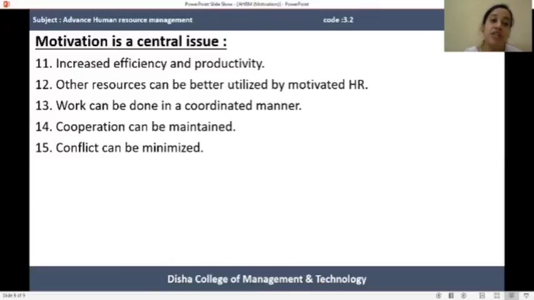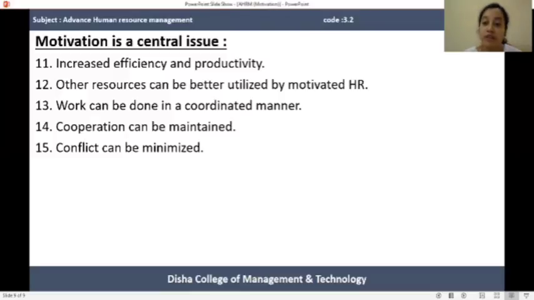Next, motivation helps in increasing efficiency and productivity. If a person is motivated positively, then they want to do everything in the most effective and efficient manner. They want to improve the productivity of the organization because they think that their success and development are possible with the organizational development.